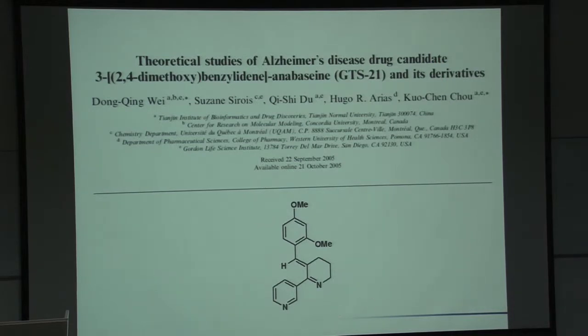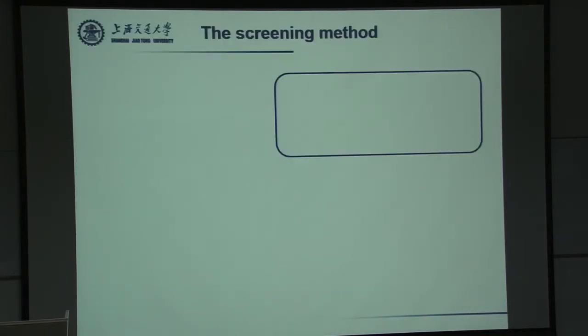It has a positively charged nitrogen and some hydrophobic part, and also there's some polar portion in these molecules. So we could use this as a template to screen the database. It's a well-known technique in computer-aided drug design.